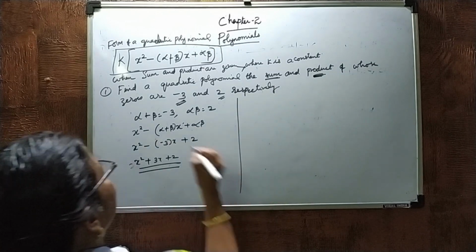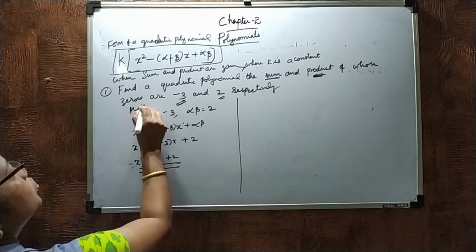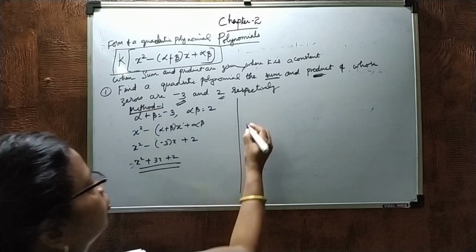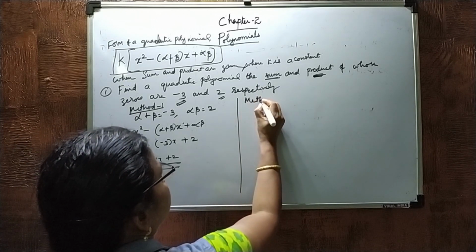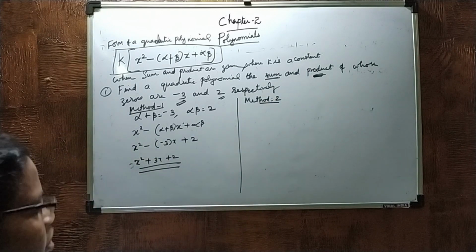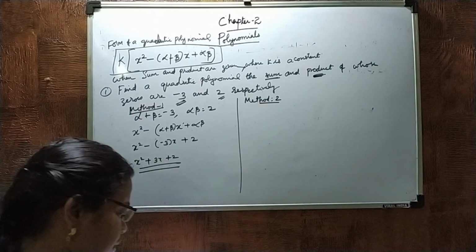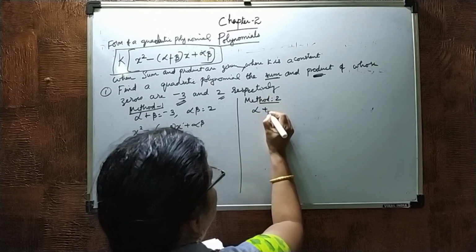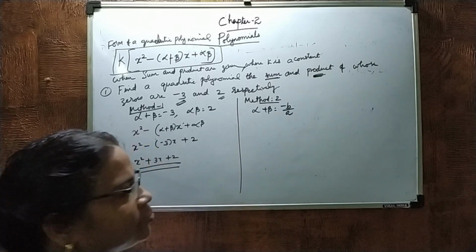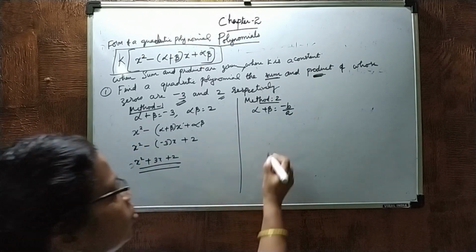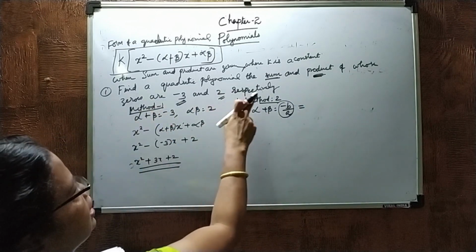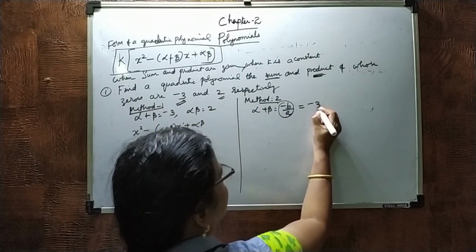So this is method 1. Two methods are there. Method 2 we'll find out now. For this method, you take alpha plus beta, that means negative b by a. Negative b by a is given as the sum, -3.